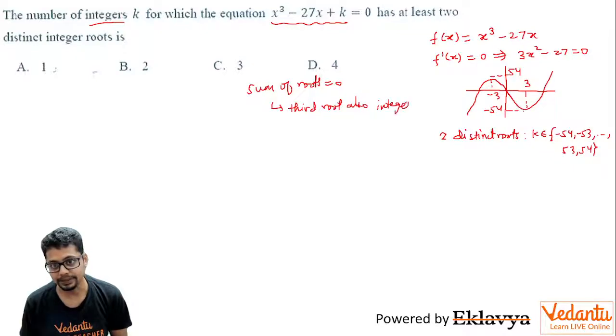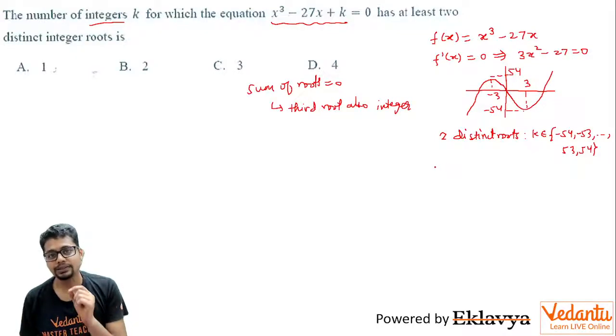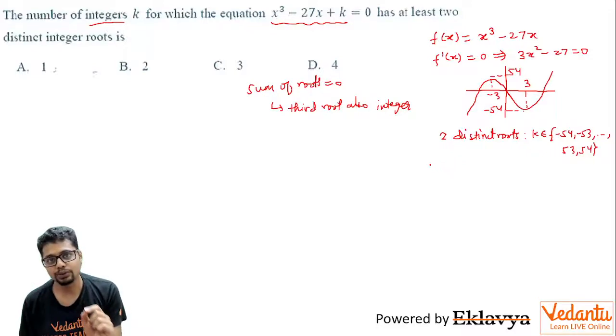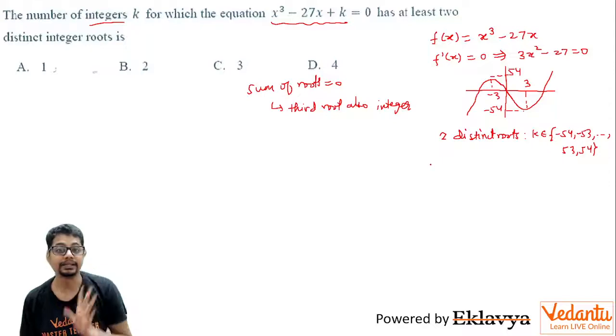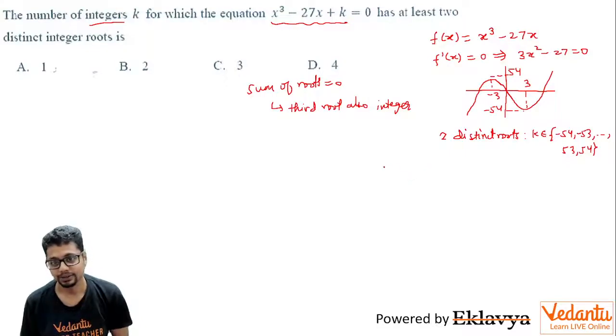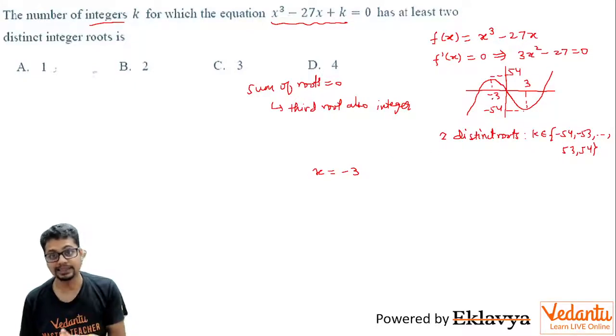So that means, since at least one root will be in this interval minus 3 closed to 3 closed, that one root will surely be an integer. So what all values can that root take? So one value of that root can be minus 3, in which case minus 3 would be the repeated root.